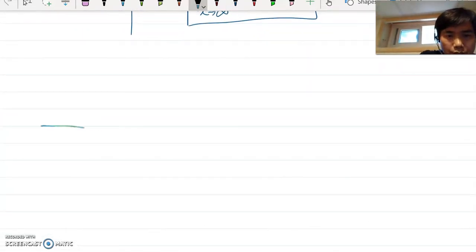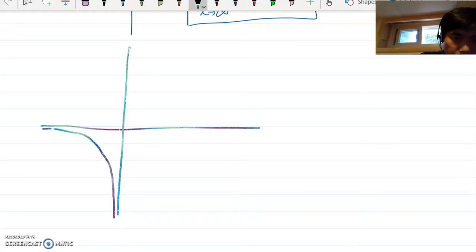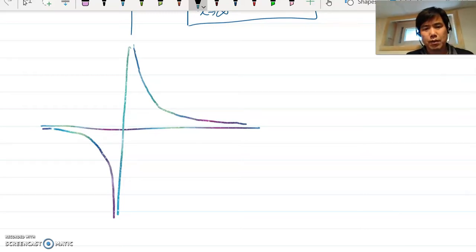One interesting point here: what if we have a graph that looks like this? Something like that. Unfortunately, in this case we cannot define the limit because it is not continuous. However, we can determine a one-sided limit.